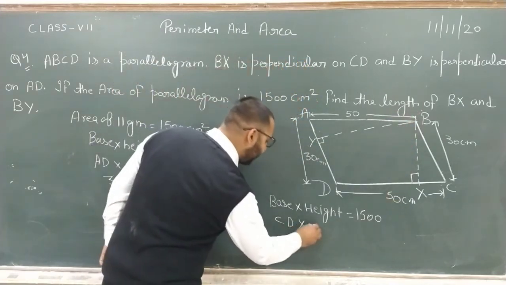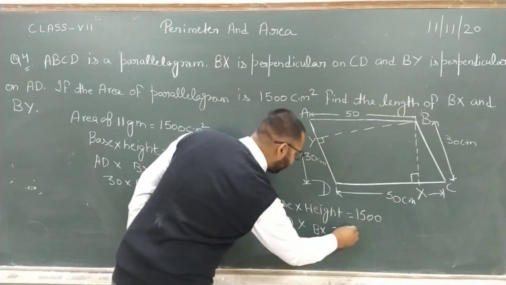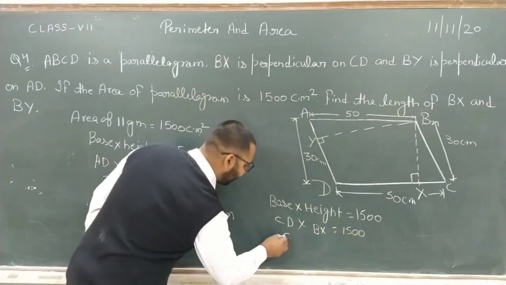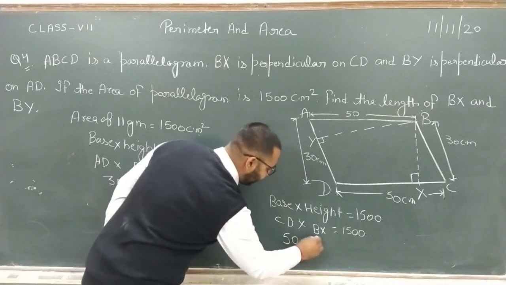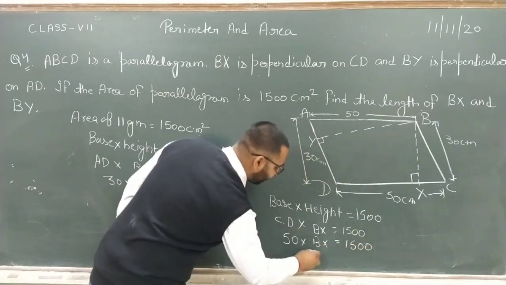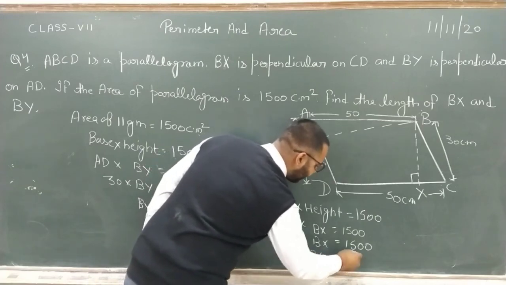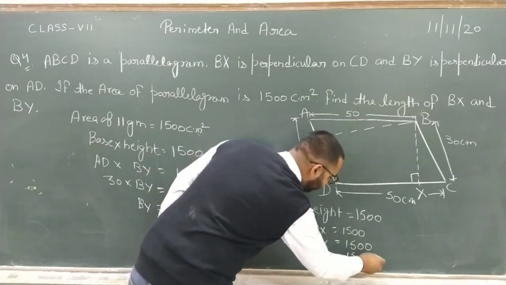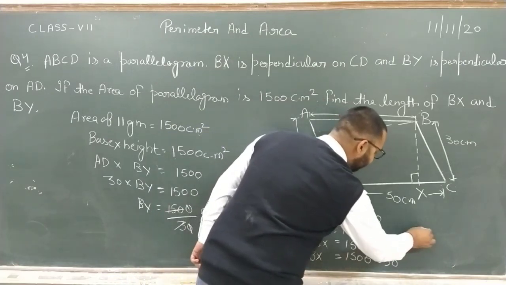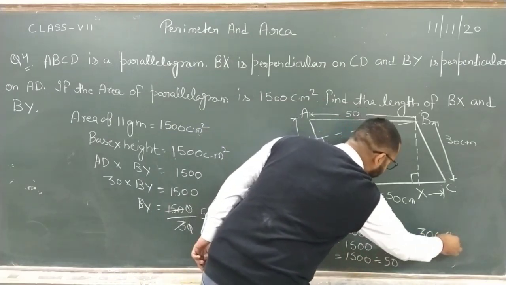So CD multiplied by BX is equal to 1500. Now value of CD is given to you, 50. 50 multiplied by BX is equal to 1500. So BX will be 1500 divided by 50. Answer will be 30 centimeter.